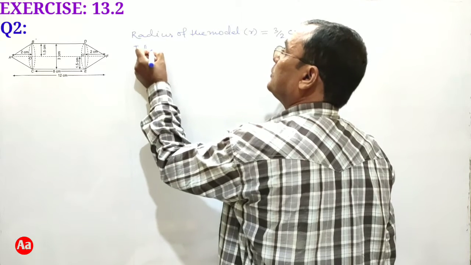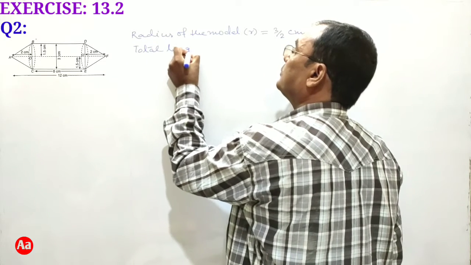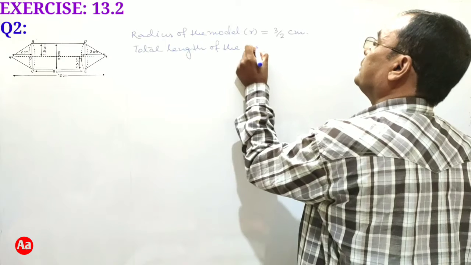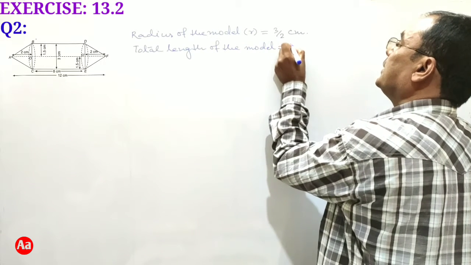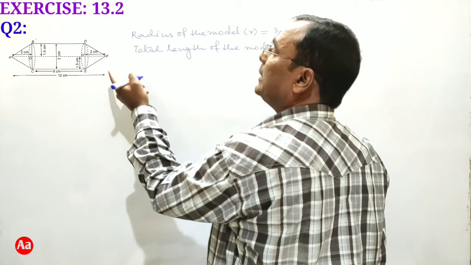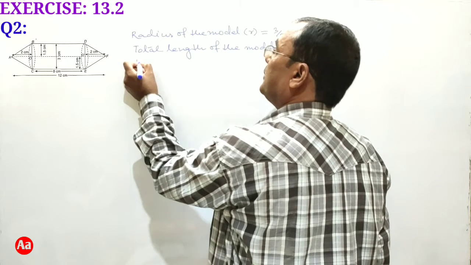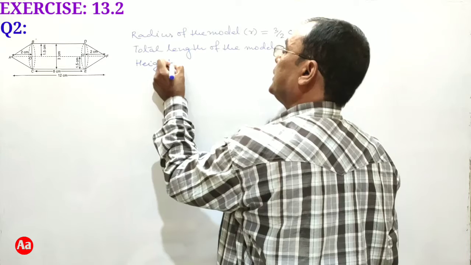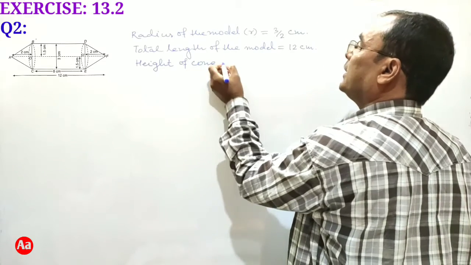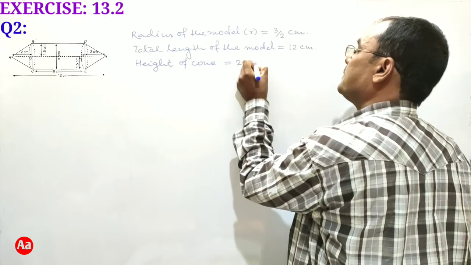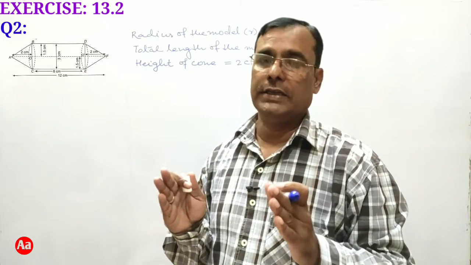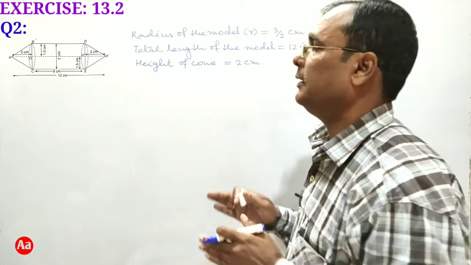Total length of the model is given 12 centimeter. Height of the conical ends of the model is given 2 centimeter. Therefore, we need to find the height, or we can say length, of the cylindrical part of the model.